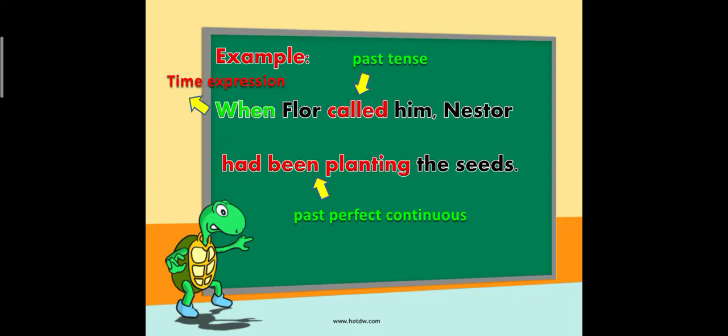Let's have this another example. When Flor called him, Nestor had been planting the seeds. So the time expression in the sentence is when, and the simple past tense is called, while had been planting is in the past perfect continuous.